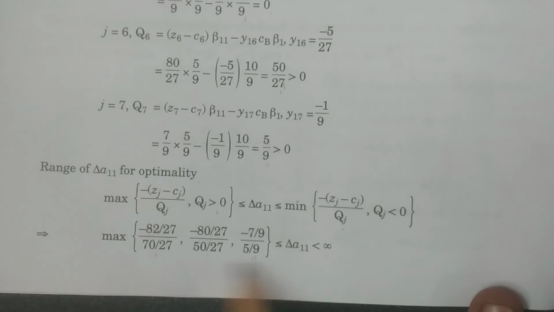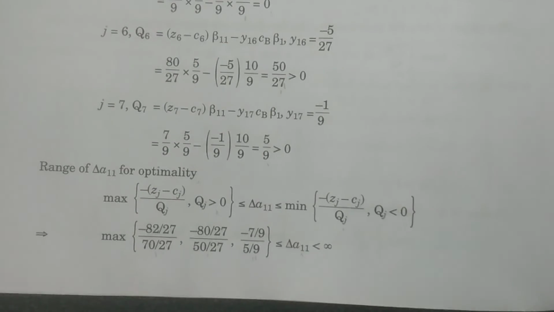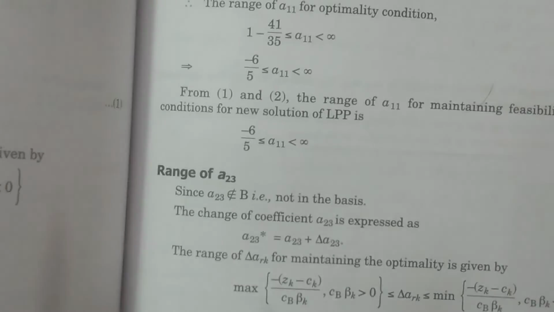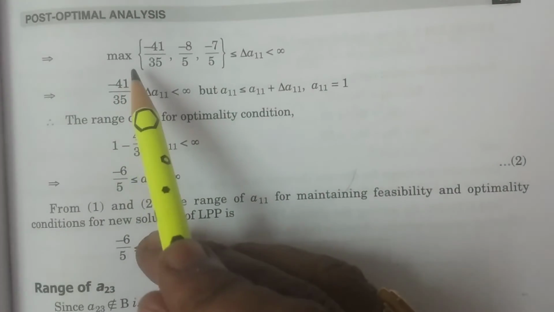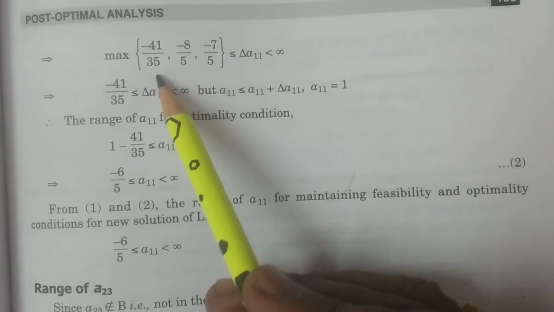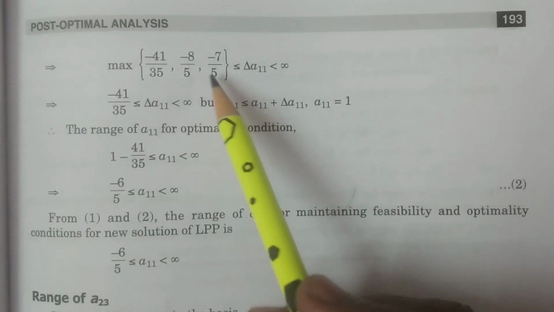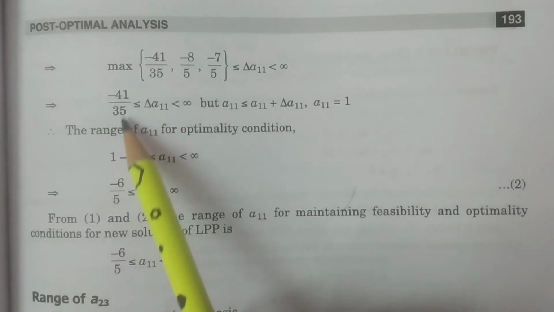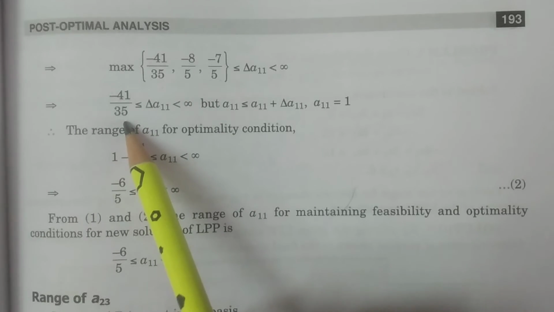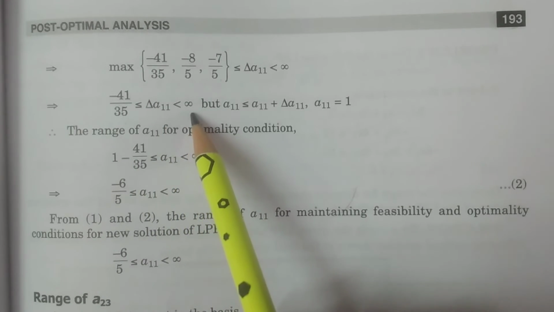These are the three values, and if you simplify them, we get the maximum of minus 41 by 35, minus 8 by 5, minus 7 by 5. If you take the maximum amongst these values, it is minus 41 by 35. This is the maximum value, so delta A11 is greater than or equal to minus 41 by 35 and less than infinity.